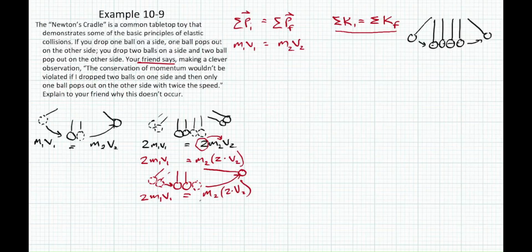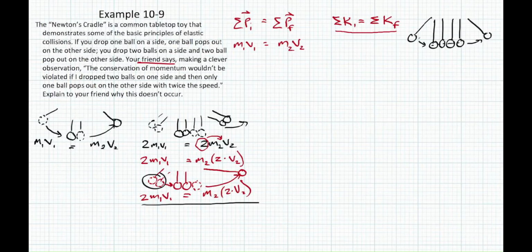Well, if you've ever done this before, if you pull out 2 of these ball bearings, you always get 2 popping out the other side, like we have written above. But why does this concept not work for your friend? Why is your friend actually wrong? How is it that you can't double the mass and get a single mass with double the velocity over here? After all, this equation is balanced.